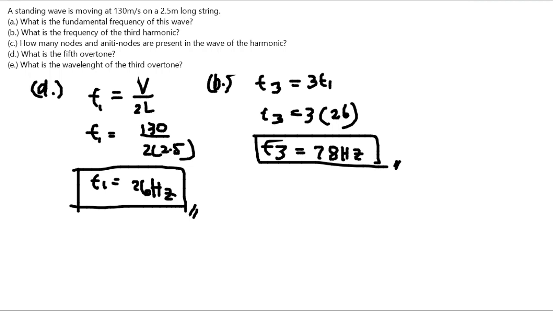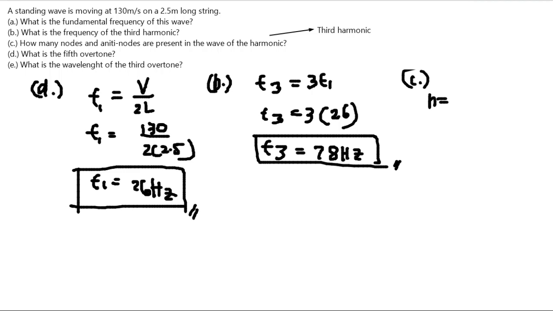Now let's go to part C. How many nodes and antinodes are present in the wave of the third harmonic? I didn't put it, I was typing very fast there. So I didn't give the formula earlier. But to easily calculate it without the use of a diagram, we have an equation.